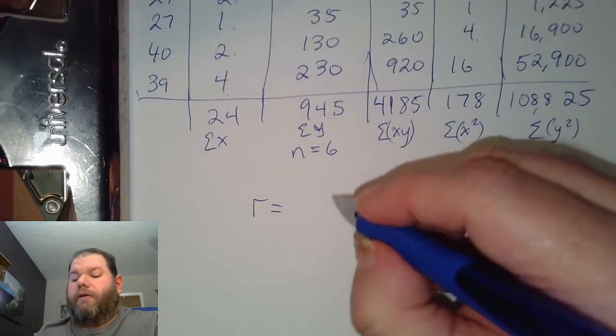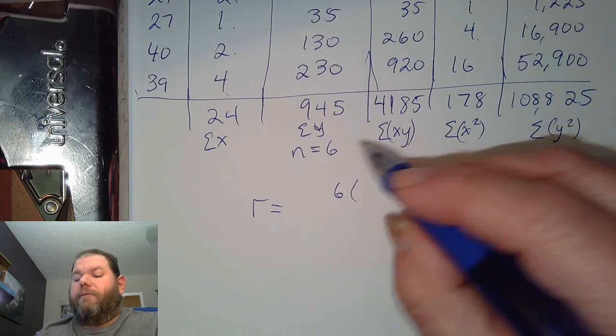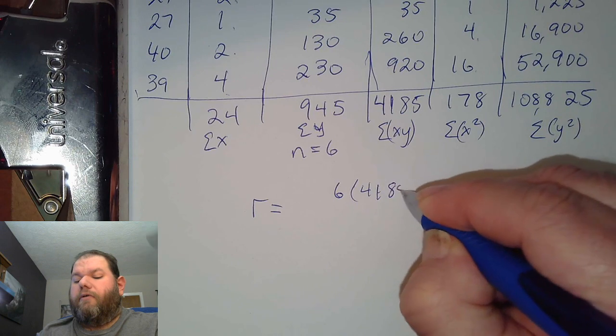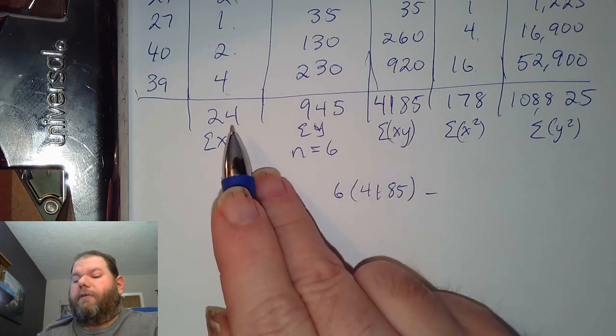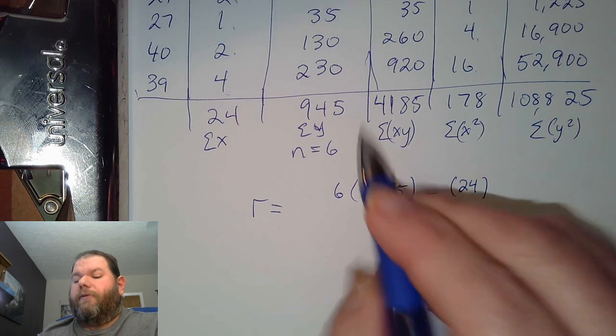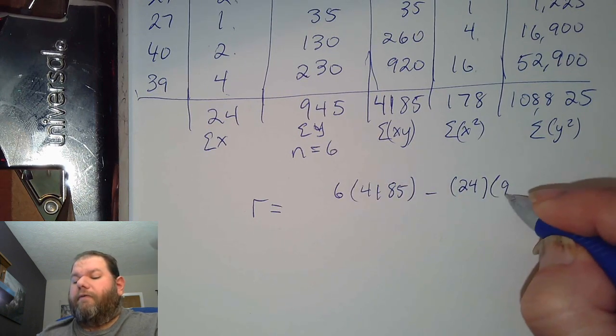So n 6, sum of x times y, 4185, minus the sum of the x's, 24, times the sum of the y's, 945.